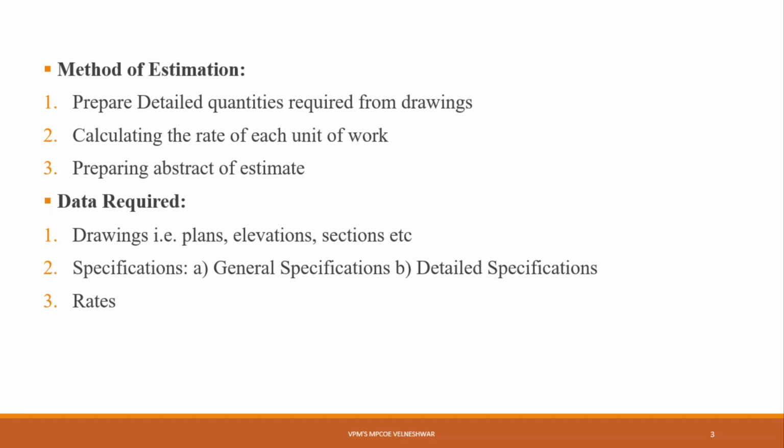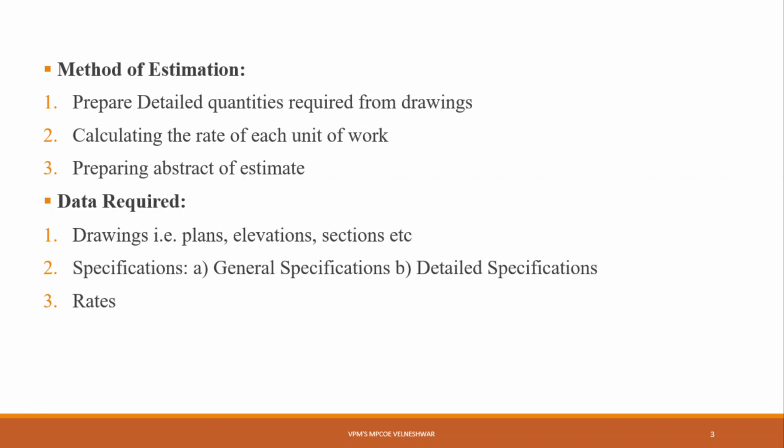Workmanship means how many workers are required to complete that brickwork and which type of workers: mistri, bisti, labor, unskilled, skilled laborers, how much should be lead, how much should be lift, the charges for lead, charges for lift. All the detailed description for completing the first class brickwork is given in detailed specification. And general specification gives only a general idea about that brickwork. This is the difference between general specification and detailed specification.